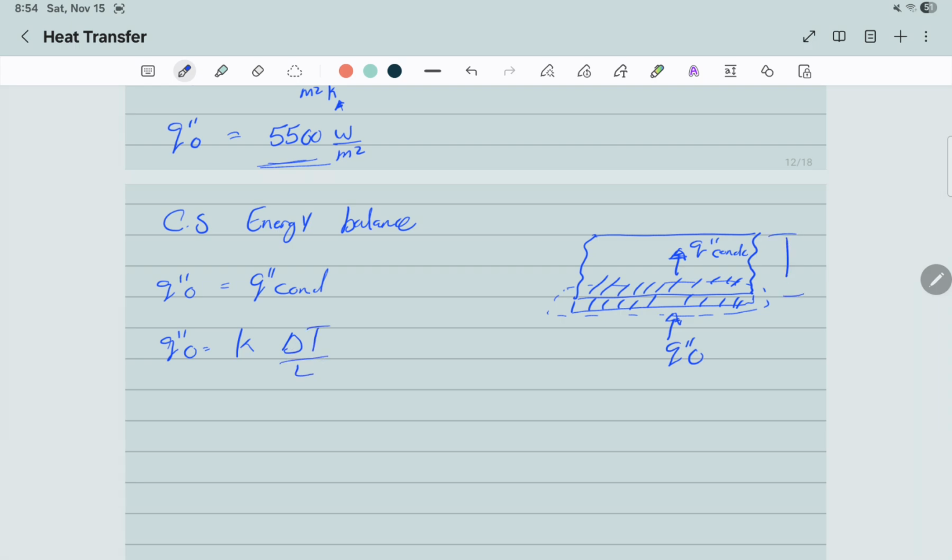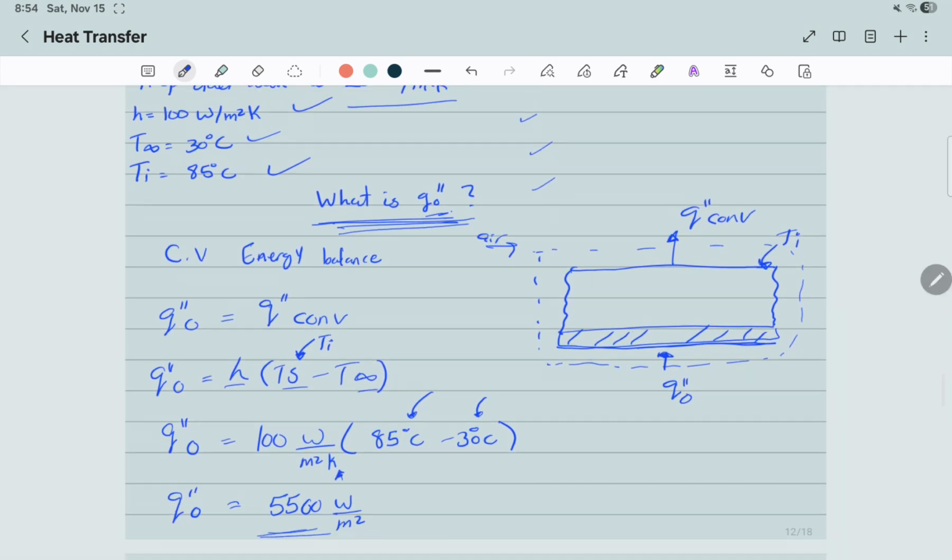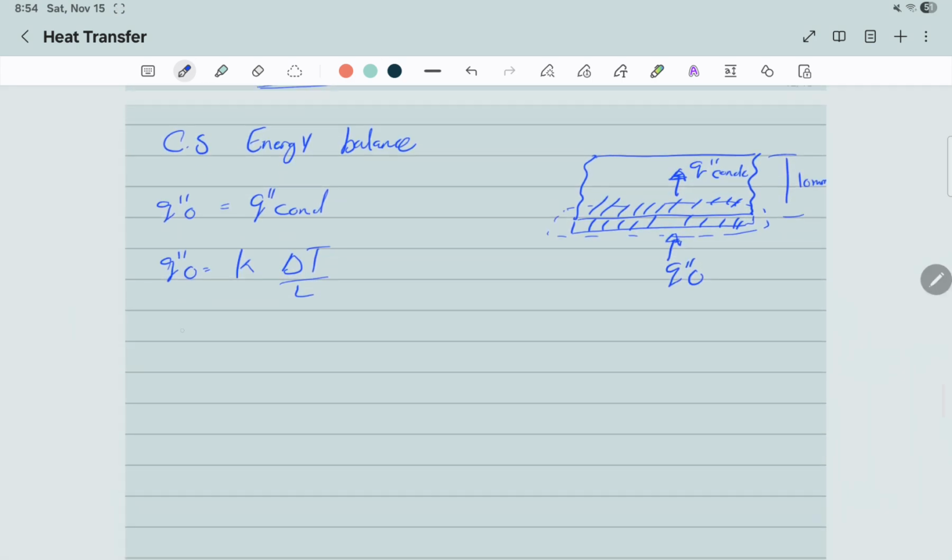This is 10 millimeters. K is given to be 20 watts per meter Kelvin.